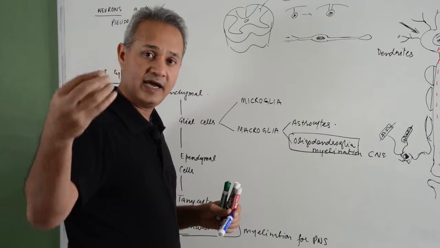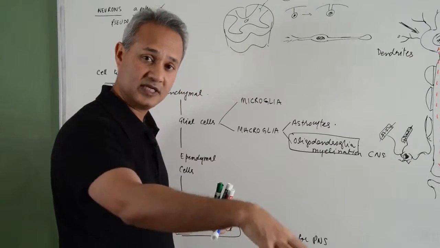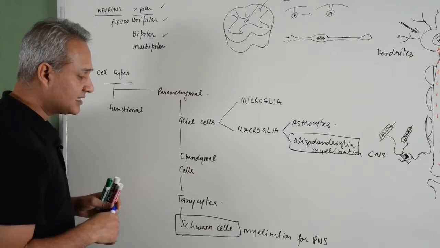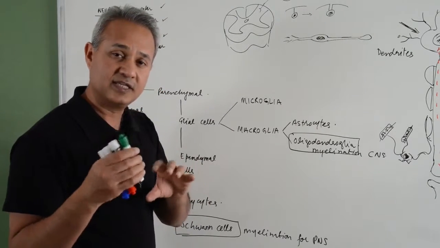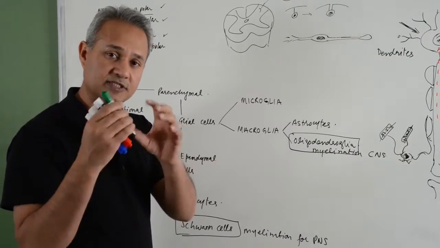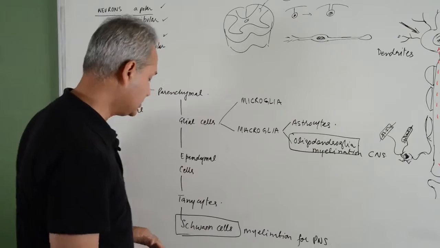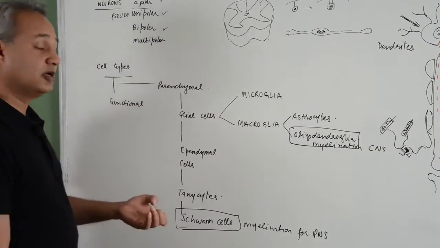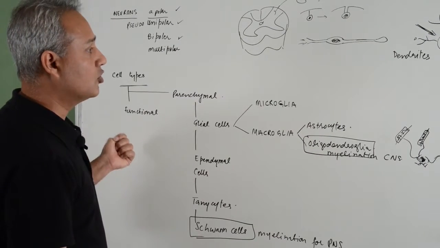From there we have the CSF or the nutrients coming in through the choroid plexus, and then through the ependymal cell they are secreted into the CSF. Tanycytes, some cells that are present and are going to be bringing the leptin-like transmitters from the choroid plexus and others to the hypothalamus. Schwann cells, myelination for the peripheral nervous system. Schwannoma or acoustic neuroma is very important clinically for us to know.